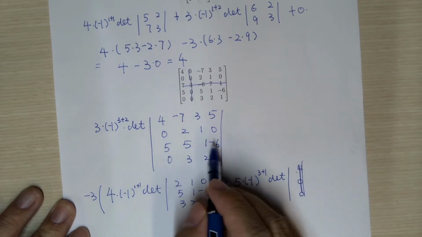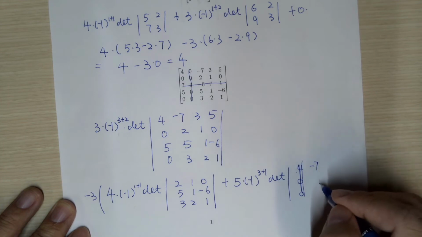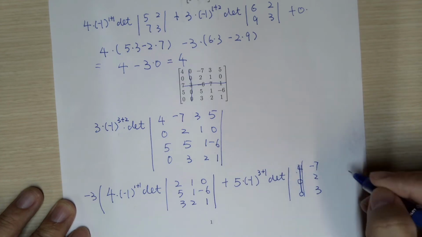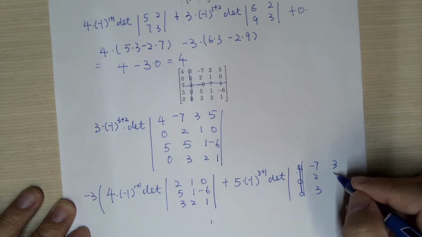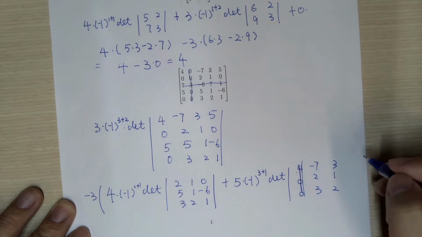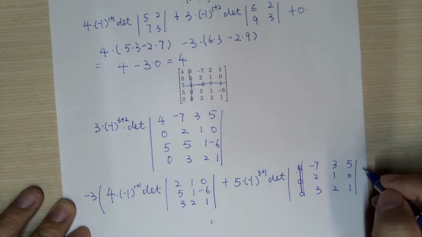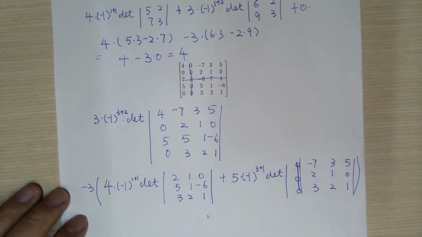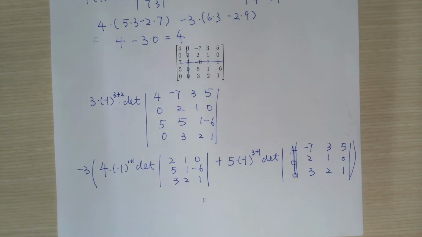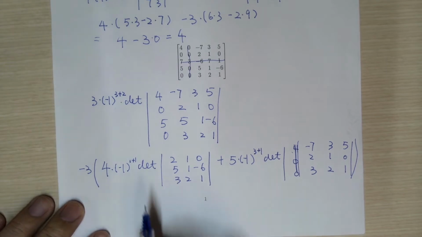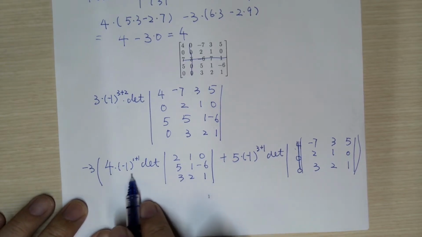Yes, that's going to be negative 7, 2, 3, 3, 1, 2, 5, 0, 1, right? That's something we can get. So it turns out this part is also positive.